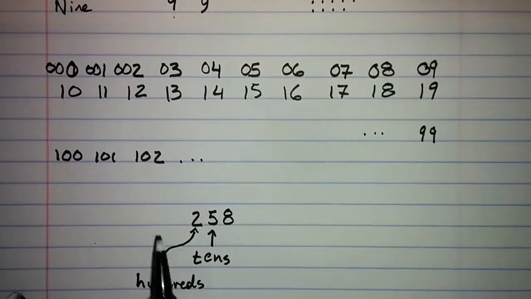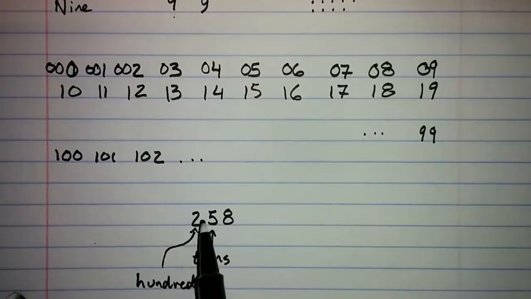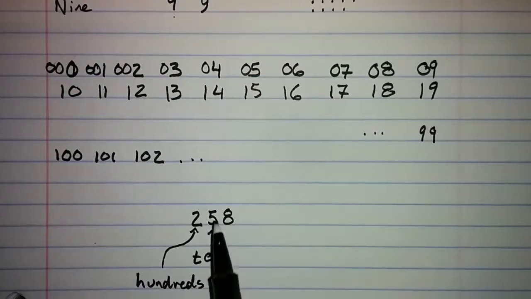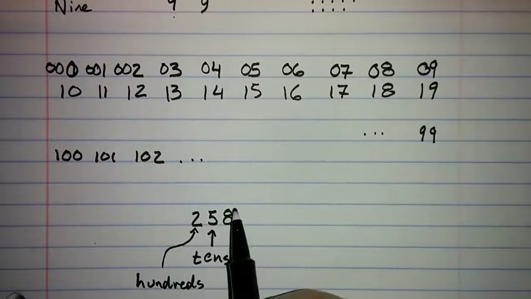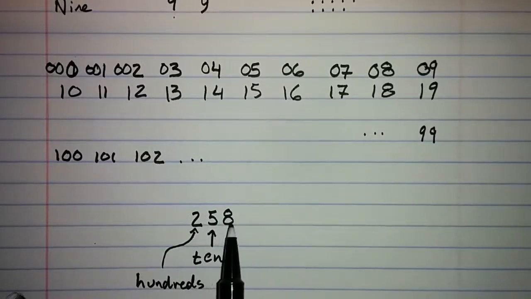So what does it mean when we say 258? Well, it means we have 2 groups of 100 things, 5 groups of 10 things, and then 8 more things. Notice what happens as we go up places. A digit in the ones place just represents 8 things.